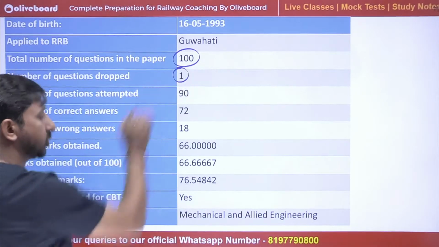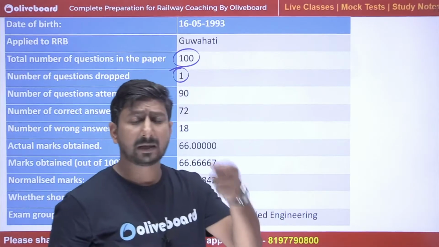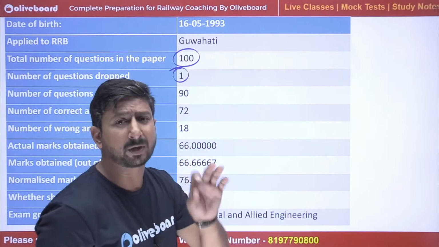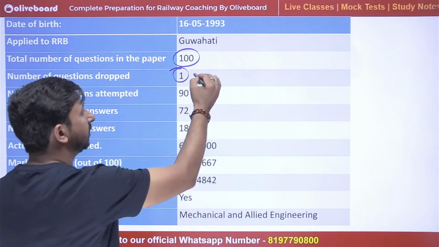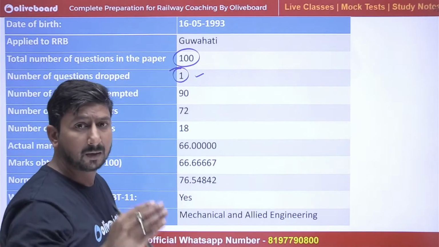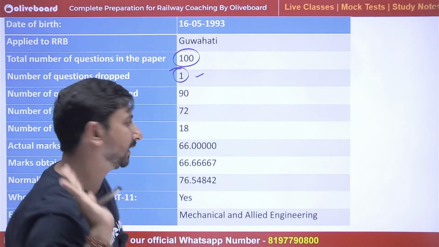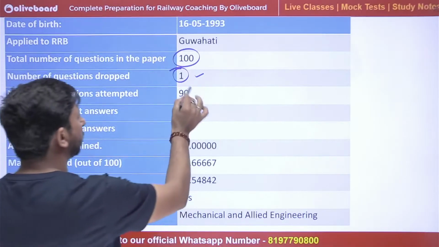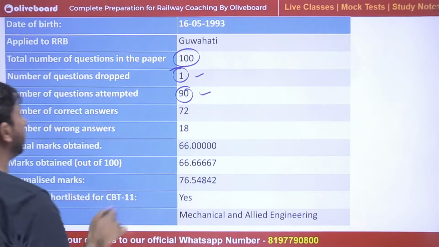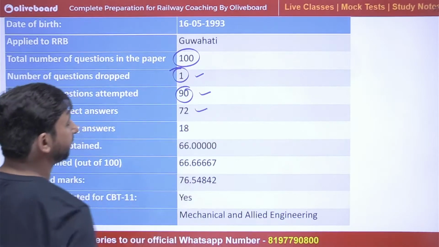One question was dropped in the paper because of some error, it was wrong. That means the total marks of that paper become 99. The number of questions attempted by the student is 90 and the number of correct questions is 72.